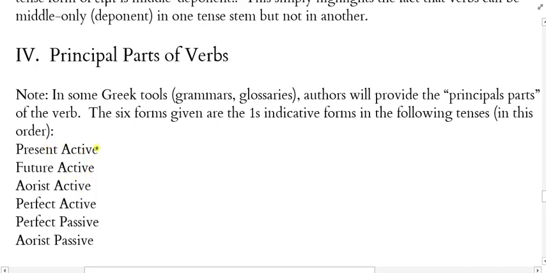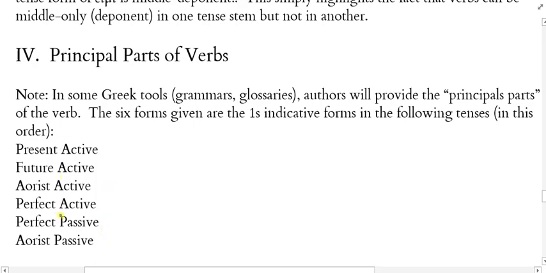Okay, the present active, and these are all indicative, by the way. The present active indicative, future active indicative, aorist active indicative, which is one of the past tense forms, the perfect active indicative, the perfect passive indicative, and the aorist passive indicative.